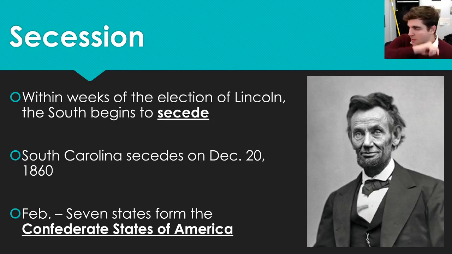Even before Lincoln was inaugurated as president, Mississippi, Florida, Alabama, Georgia, Louisiana, and Texas all seceded from the Union. South Carolina was the first of those to secede, on December 20th of 1860.